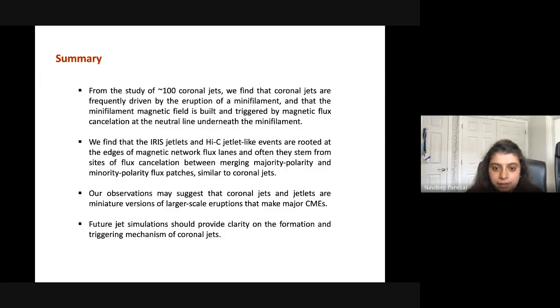Their base brightenings and cancellation rates are similar to Chromo jets. Our observations may suggest that Chromo jets and jetlets are miniature versions of larger scale eruptions that make CMEs. Of course, future simulations will provide more clarity on the formation and triggering mechanism of Chromo jets. That's all. Thank you.